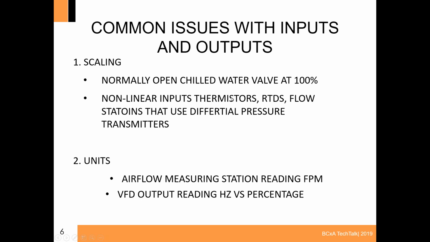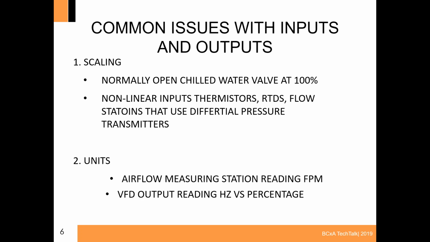Also, thermistors are generally not interchangeable between manufacturers. So if you have an Automated Logic control system and you're replacing a Johnson system, they most likely are not able to reuse the thermistors, because the Johnson thermistor has a characteristic curve that's nonlinear that the Johnson controls is familiar with.